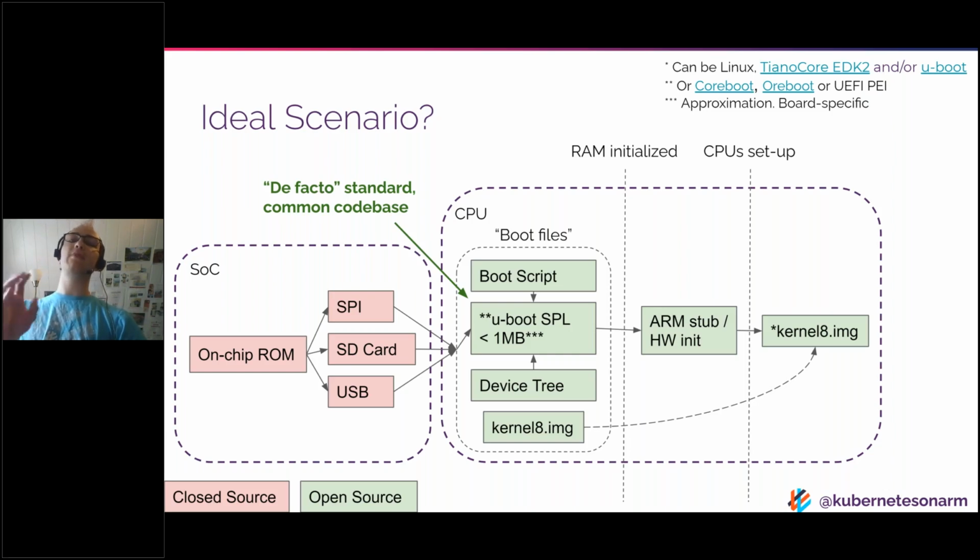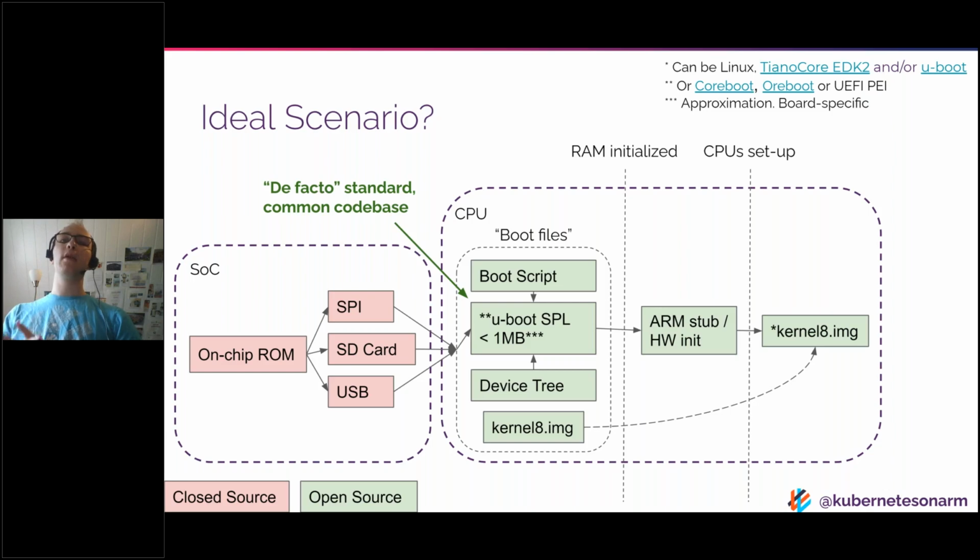U-boot SPL is good in this sense that it can figure out the RAM initialization using open source code. So this is better in terms of now we have most of the stuff executing on the CPU, which is easier to write code for and more generic.